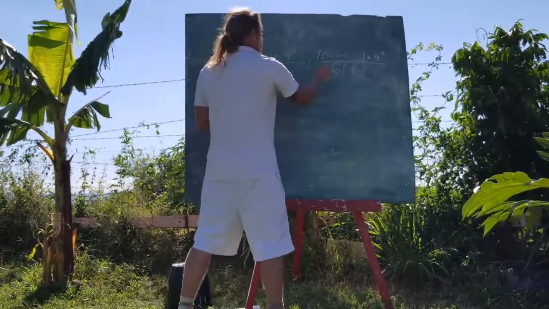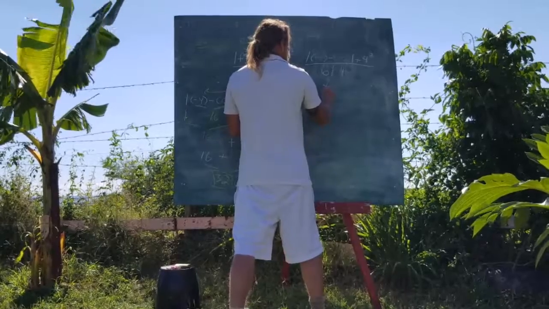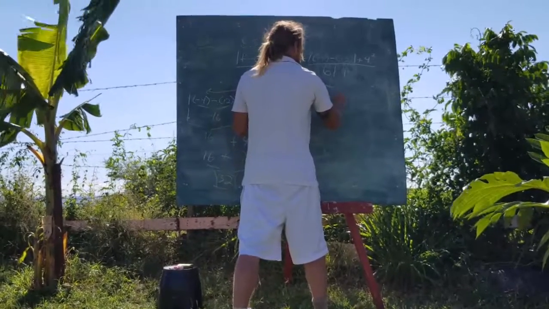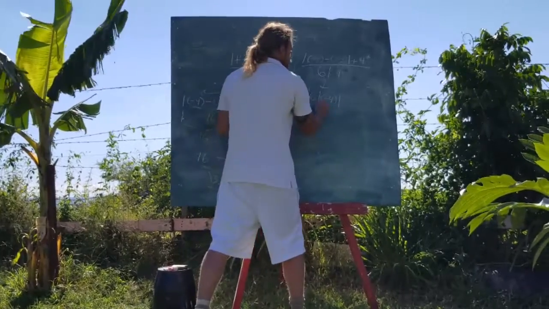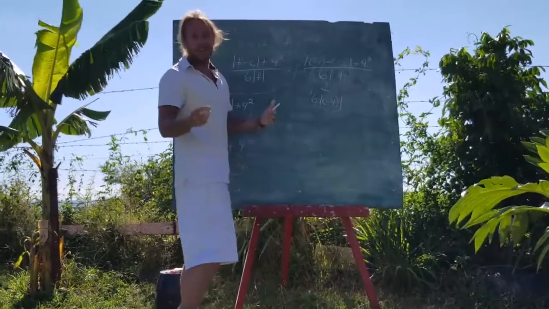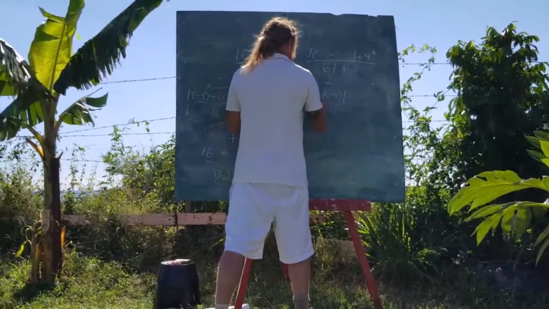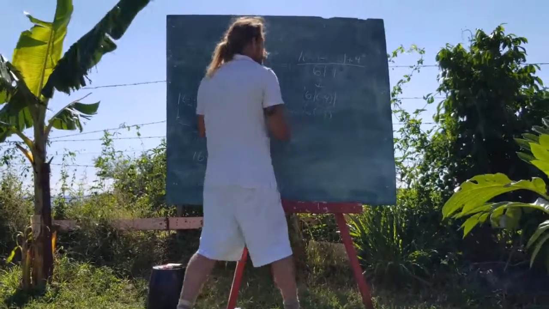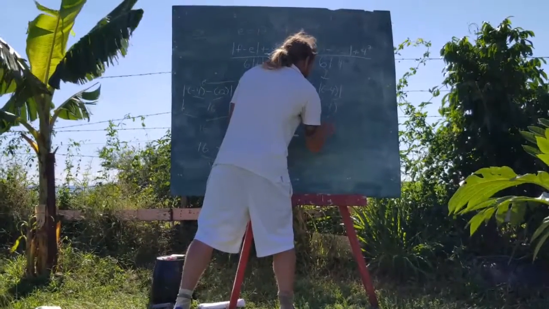Let's now work on the bottom. We have 6 times the absolute value of negative 4. Absolute value we do first. Absolute value of negative 4 is a positive 4. 6 times 4 is 24.